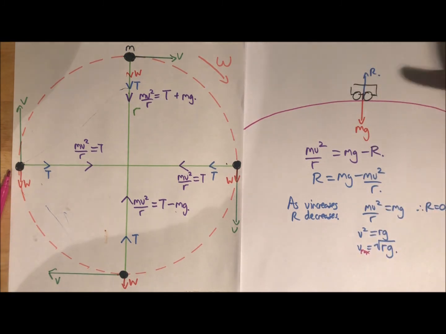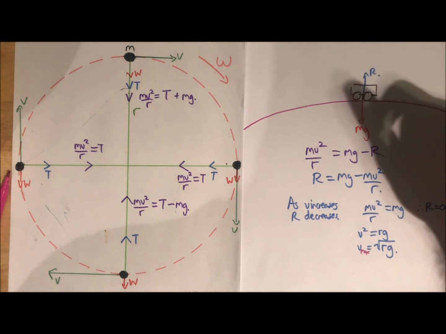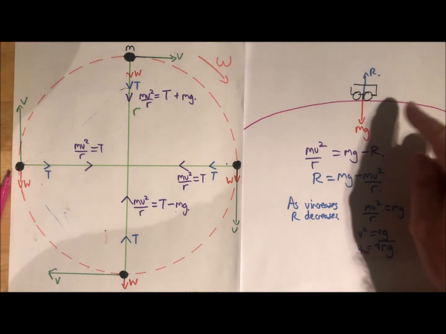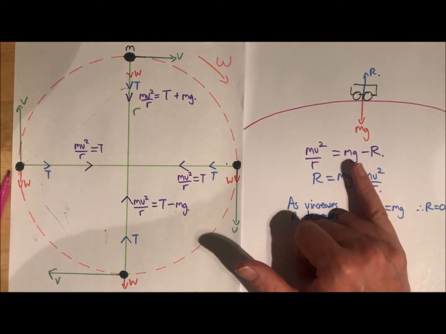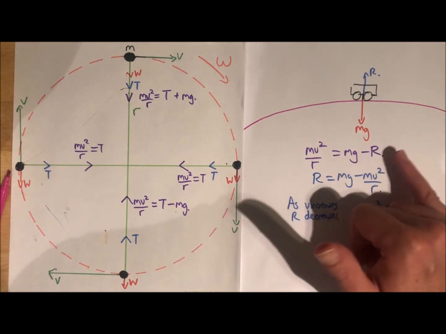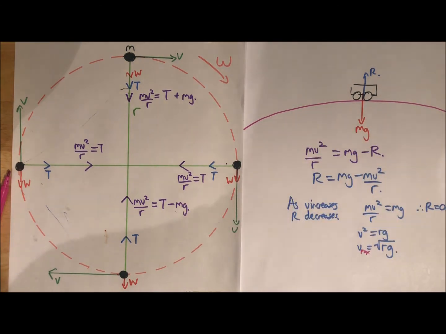So that's the key thing. R has dropped to 0, and that's not what's caused it to leave the ground. That's a consequence of it leaving the ground, and it's left the ground because mg, the weight, is no longer large enough to provide the centripetal force there.